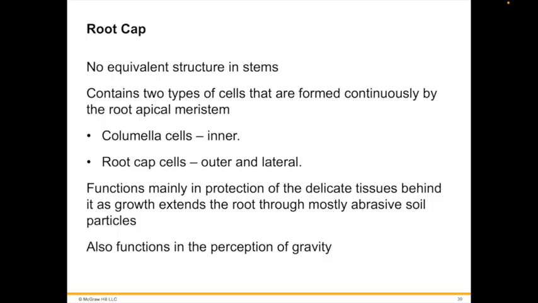Instead, they contain plastids filled with starch grains called amyloplasts. These amyloplasts are affected by gravity and collect on the sides of the cell, facing the pull of gravity. When a potted plant is placed on its side, the amyloplasts drift to the side most affected by gravity, and the roots bend in that direction.